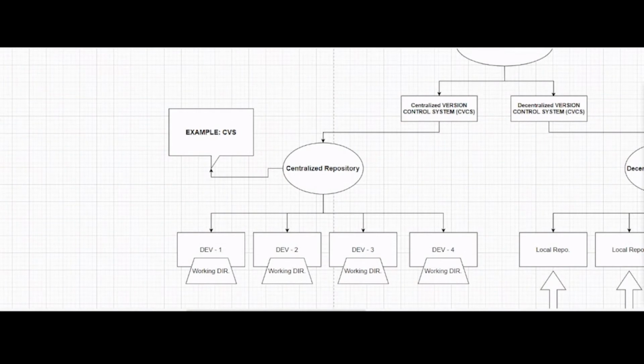Let's now go back to the centralized repository part, where we have seen how the centralized version control system works. Now let's come to its drawbacks. There were two drawbacks due to which we had to move towards the decentralized version control system. The first drawback was that the centralized repository always works on the internet.